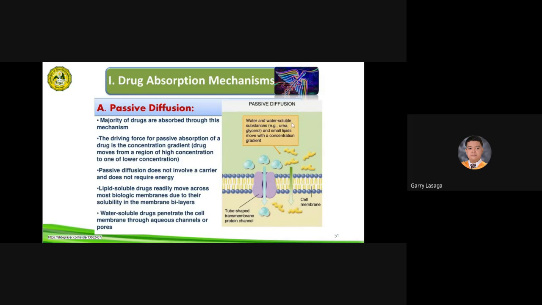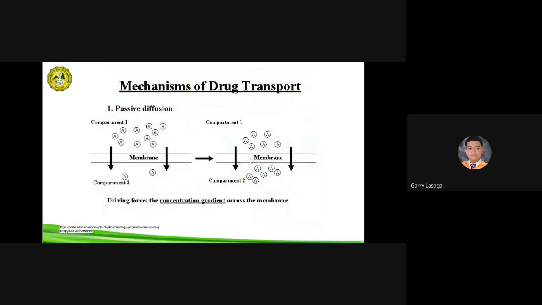For certain water-soluble substances, such as those having a smaller molecular size, such as in nanometers, they will be able to pass through the cell membrane if that particular cell membrane contains pores that will facilitate the entry of these molecules.